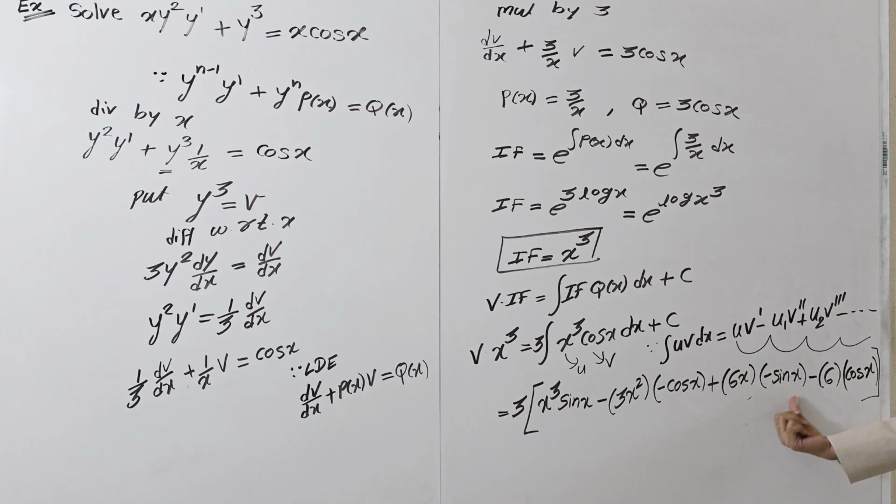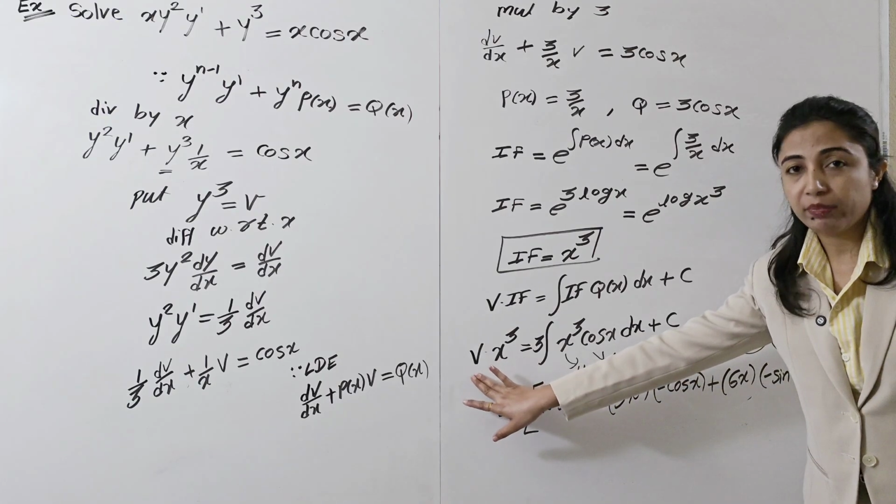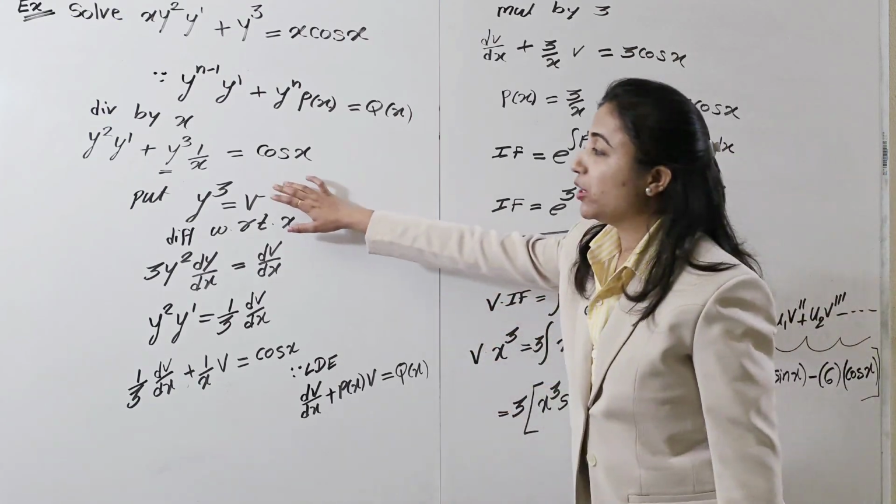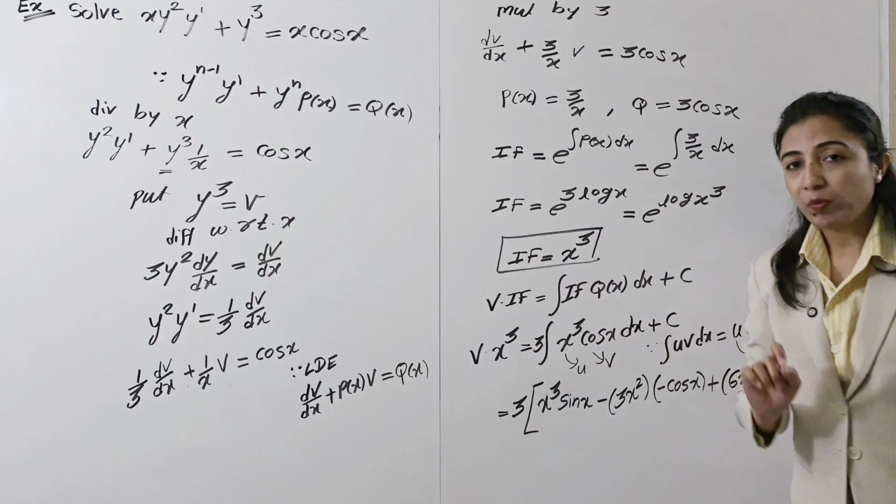In the next step, simplify this and also put the value of v, because v is our y cube and we want the final answer in terms of x and y.